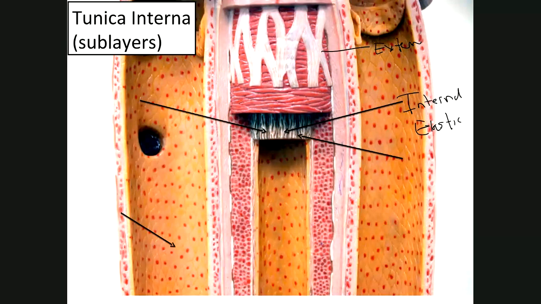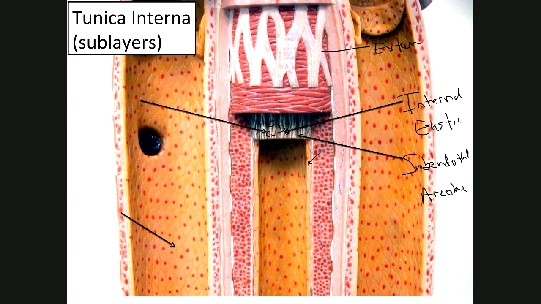And then if you look at it, surrounding it is some gray looking stuff. That is called the subendothelium. And basically what it is is support tissue. It's areolar connective tissue, if you remember from A&P 1. And then it's supporting this layer right here.